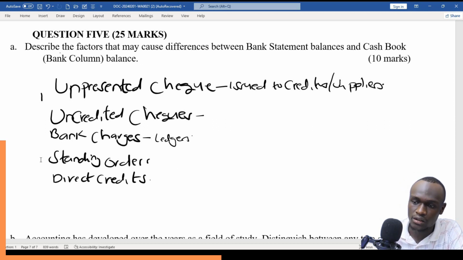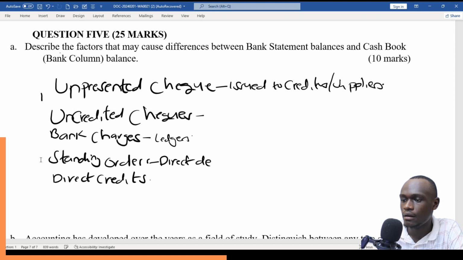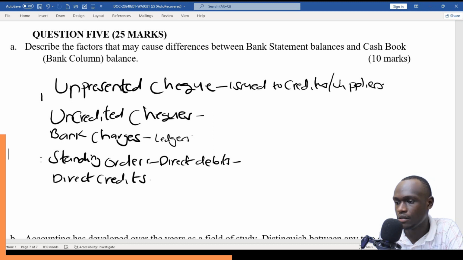Next is standing orders. Standing orders are also known as direct debits. These are automatic payments or deduction of amount from the bank account of the customer to pay some loans.